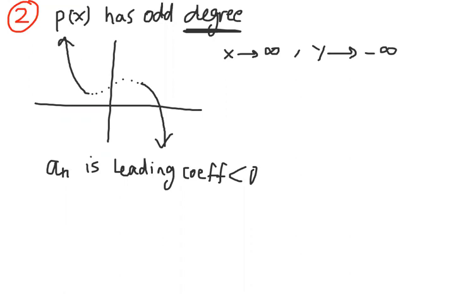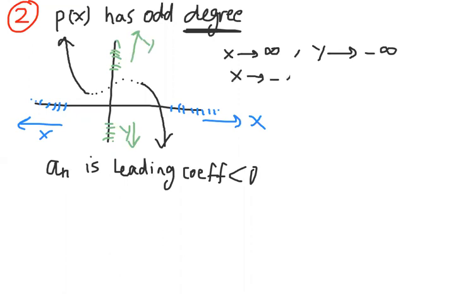Same thing here, when x goes to a small number, the value for y goes to infinity. So when x goes to minus infinity, y goes to infinity. Is it clear for all? This is the second case.